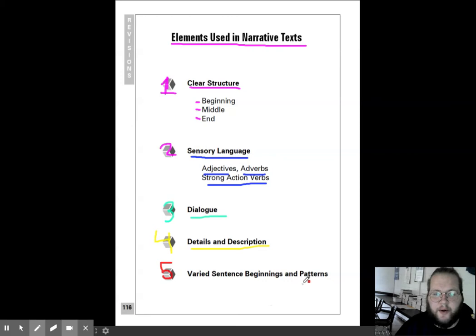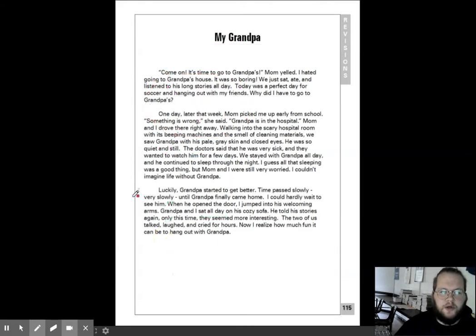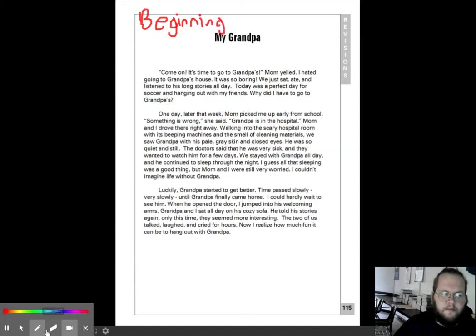But in this first story that we're reading, we're just going to focus on number 1, okay? Number 1 is important. So here we go. So remember, we're looking for beginning, middle, and the end.